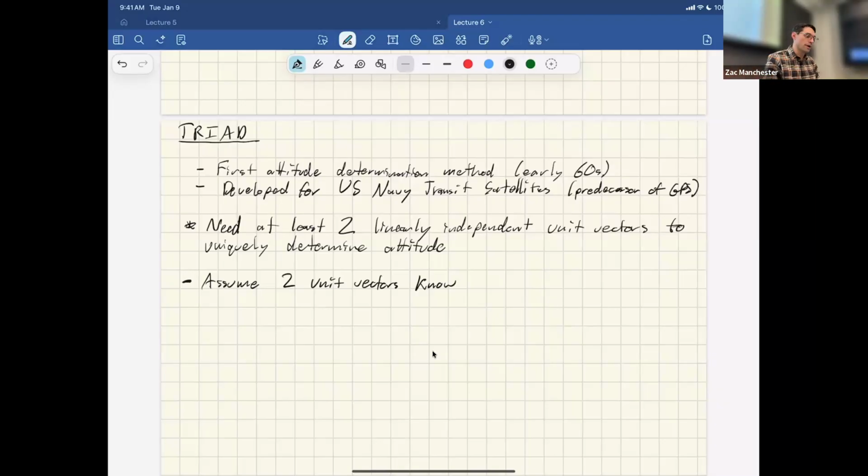Or I know the magnetic field vector inertially from knowing my orbital position and having a map of the magnetic field. I know the unit vector to a star because I have a star field map, whatever it is. So you need a map of some sort to have this baseline knowledge of what the vector should be in the inertial frame, and then your sensor measures it in the body frame.